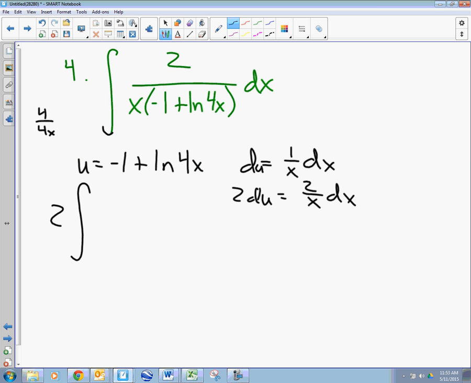So now I can set it up. 1 over u. What's the integral of 1 over u? Natural log of u, so we have 2 times the natural log of, and u is negative 1 plus the natural log of 4x.